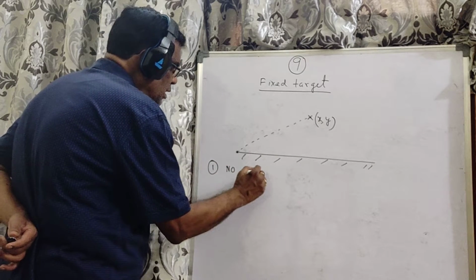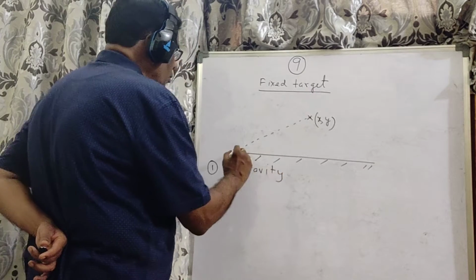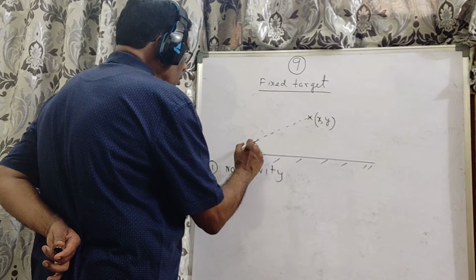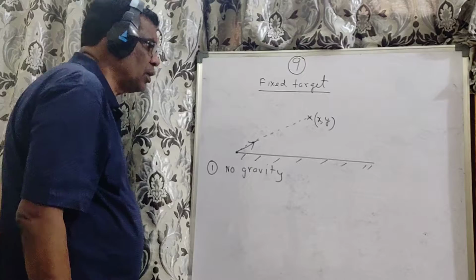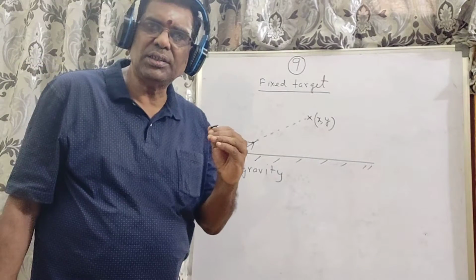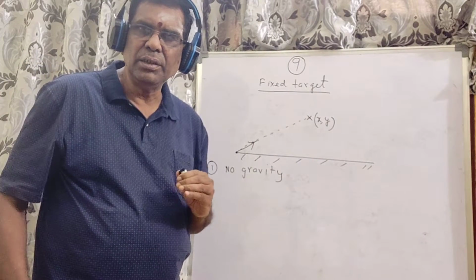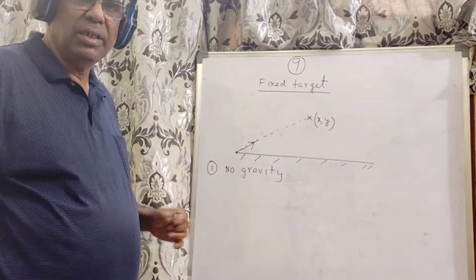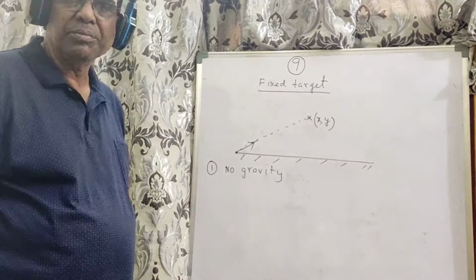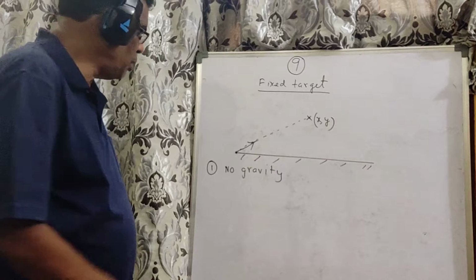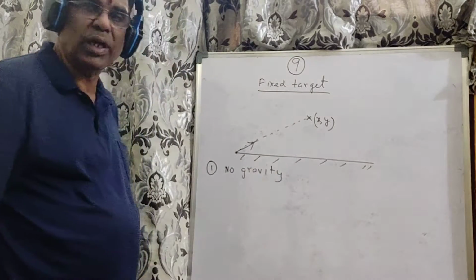I am looking at no gravity. With what minimum speed should you project the body in order to hit the target? It is a fixed target. Remember, you are already given a condition, no gravity.